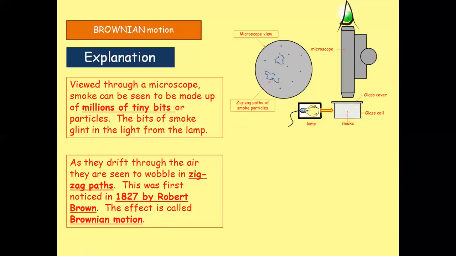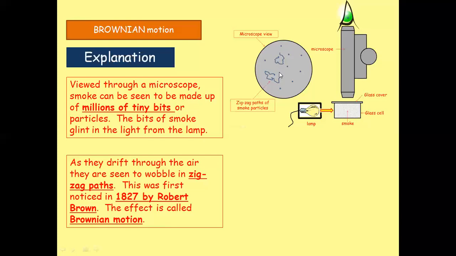As you see here, the smoke particles reflect the light that is shone from this side, and they appear in this shape.